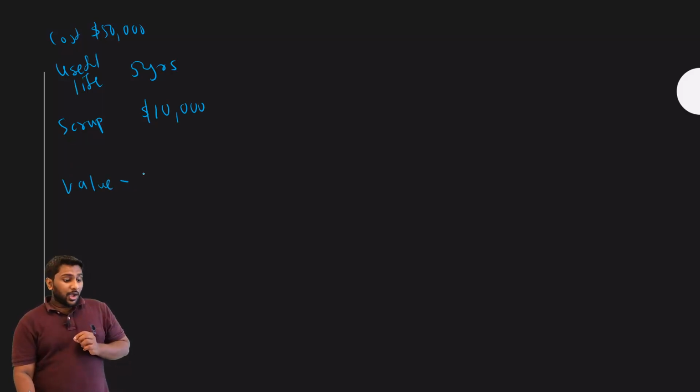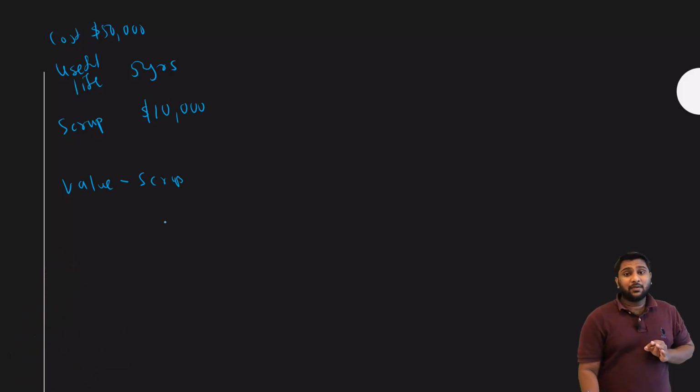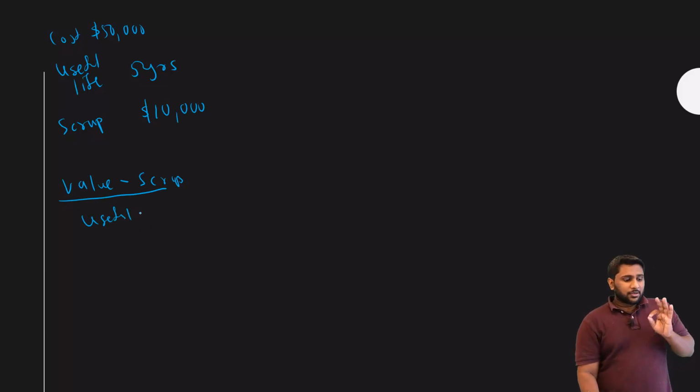From that, you have to minus the scrap value, if not the salvage value, if not the residual value. You should divide it by the useful life of the asset. So if you take this particular example, the cost of the asset is how much? 50,000 US dollars. Out of that, at the end of the 5-year period, you can sell the asset for 10,000 US dollars and you can get that income.